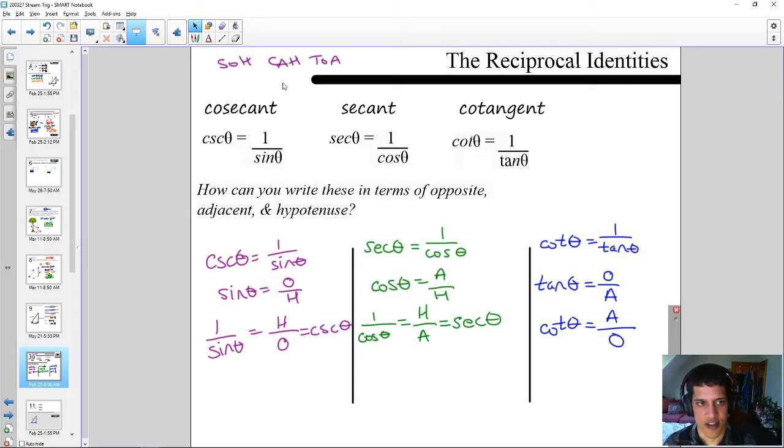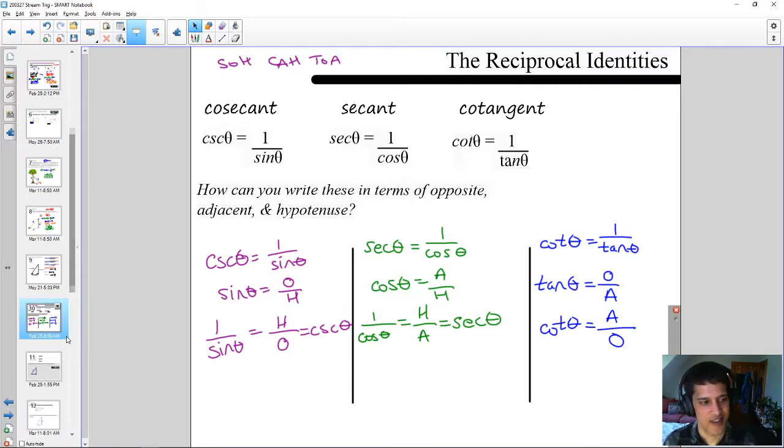So sine and cosecant, cosine and secant, and then cotangent and tangent. There's a co in each one of those pairs. Does that make sense? There's the trick I use.